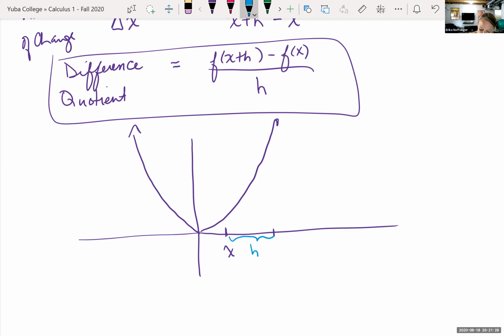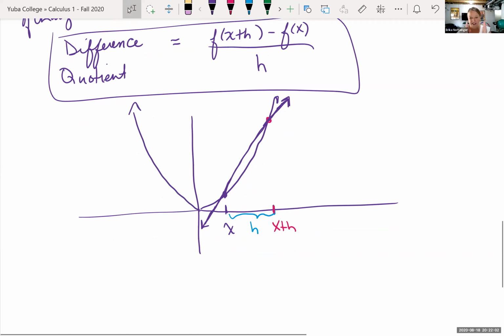So basically this point is going to be our x value plus our h value. So this value right here will be x plus h. And what we were just doing is finding the average rate of change, or the difference quotient. So we're looking at the slope between those 2 points.